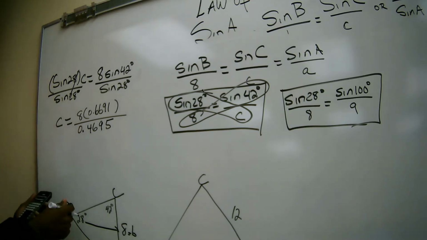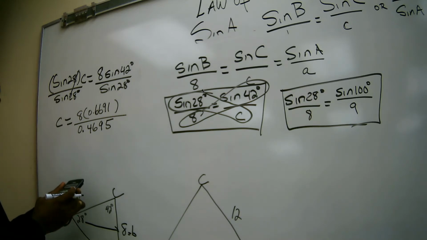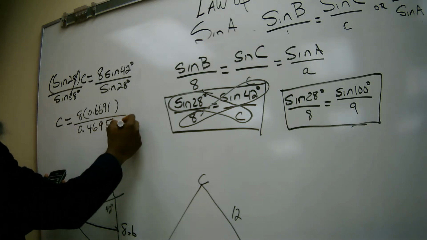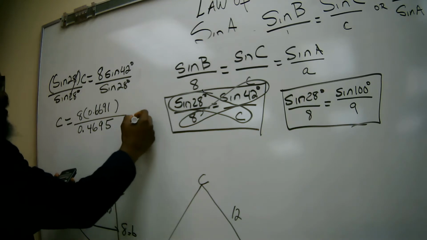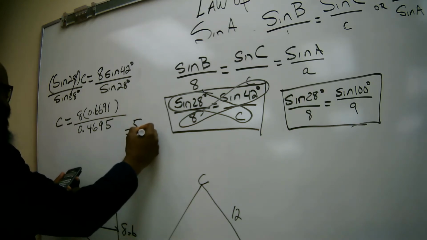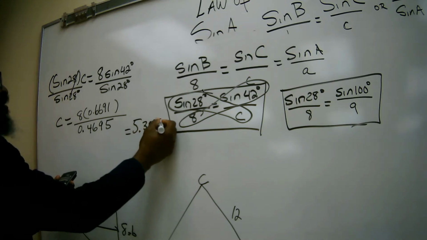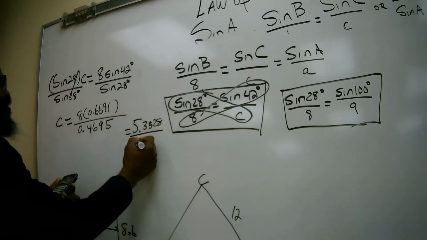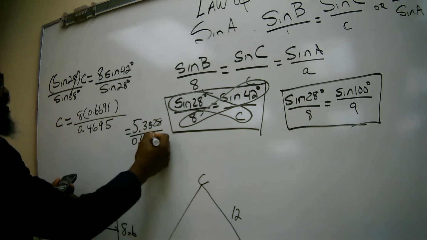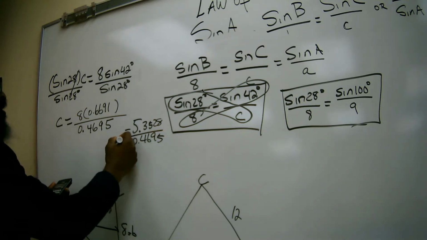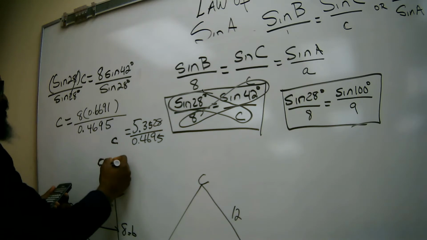Now you take this 8 times 0.691. Your numerator will be 5.3528, and you divide this by 0.4695, and again the calculator will do the rest for you.